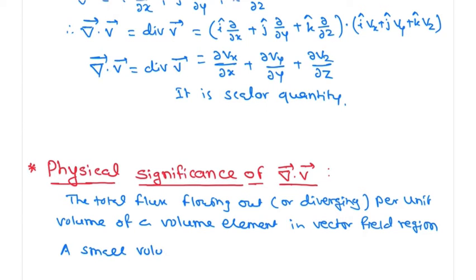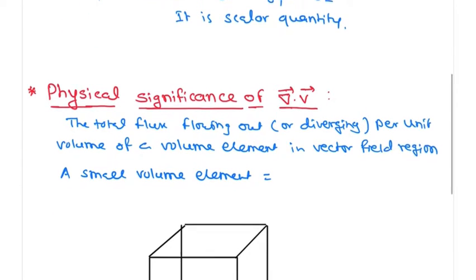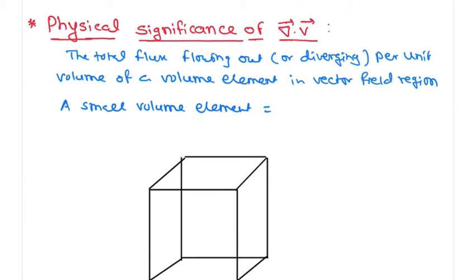We choose a small volume element, a rectangular parallelepiped whose volume is dx dy dz, in the vector region, with point P at the center.